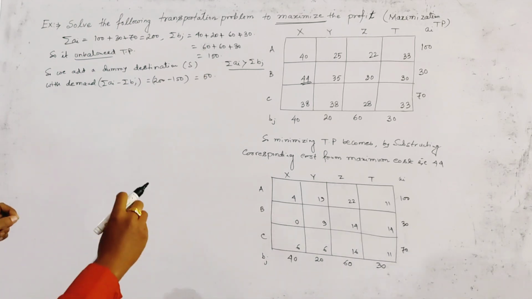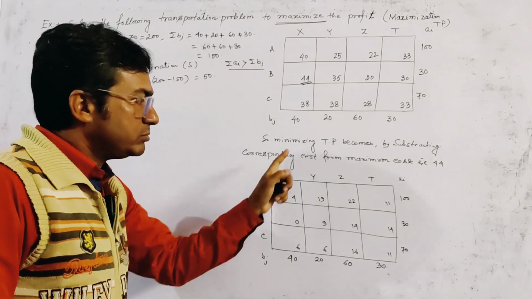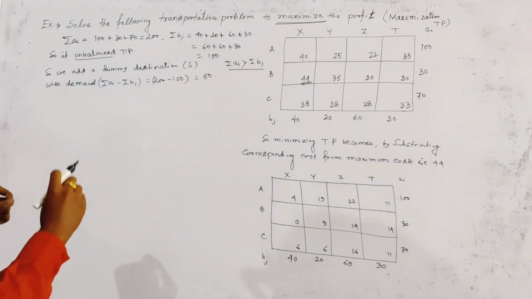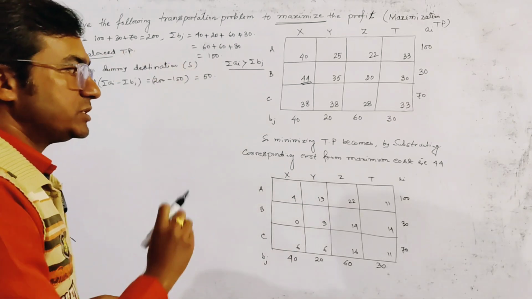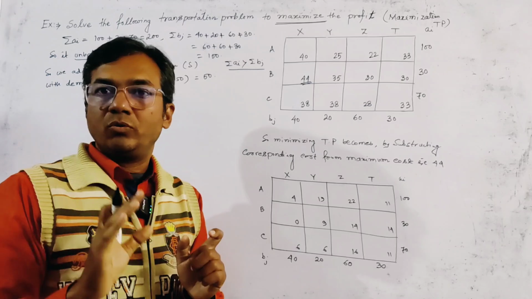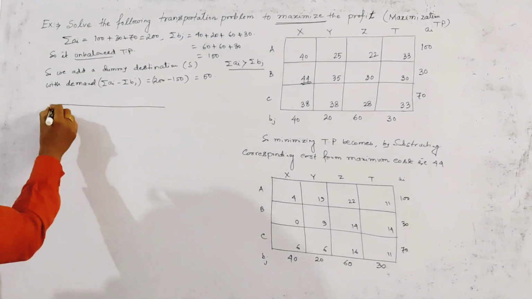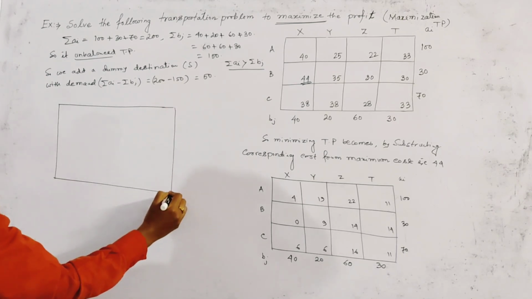Now we form a new table with 5 columns, and in the dummy column S, we take all the cost coefficients equal to 0. So the new table, the balanced transportation table, looks like this.